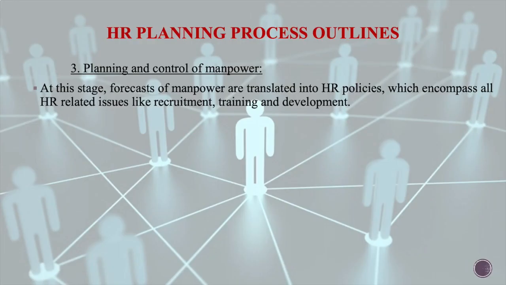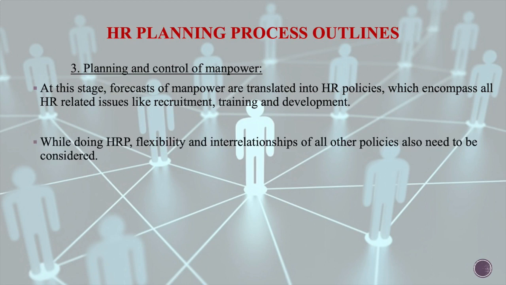The third point is planning and control of manpower. At this stage, the forecasts of manpower are translated into HR policies that encompass all HR related issues like recruitment, training and development. So to do HR planning, flexibility and interrelationship of all other policies also need to be considered.